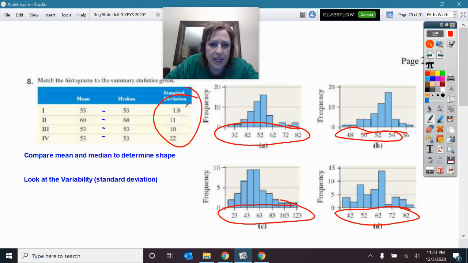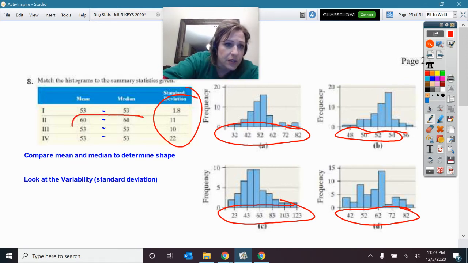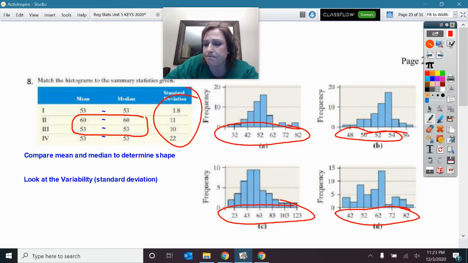Look here, I see one standard deviation is 1.8 all the way up to 22. Now these two in the middle are pretty close, but luckily, they have different centers. I'll get back to that in a second. So, smallest spread.